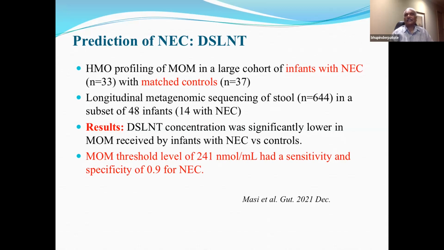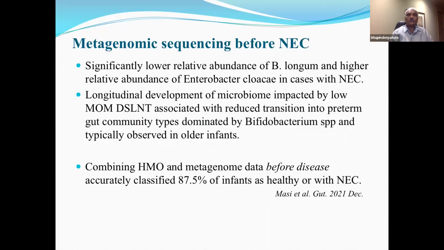You could just say DSLNT. So the concentration of this particular oligosaccharide was significantly lower in the mother's milk received by the infants who developed NEC. And at a threshold level of 241 nanomoles per ml, the sensitivity and specificity for diagnosing NEC was 90%. So that's quite a useful tool to have clinically.